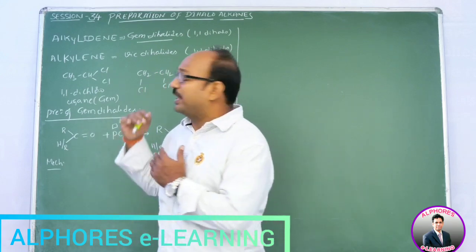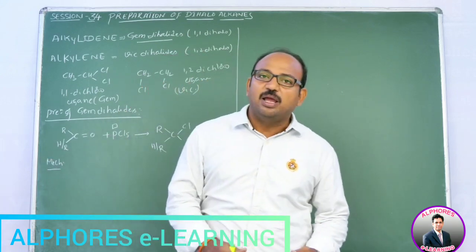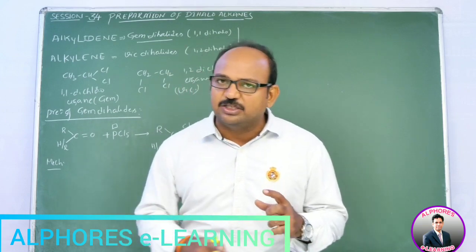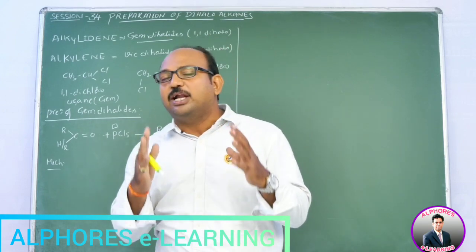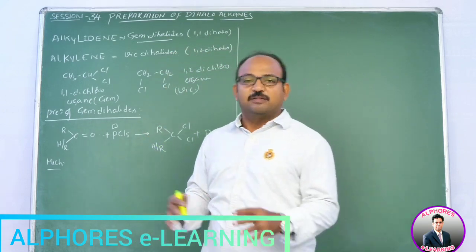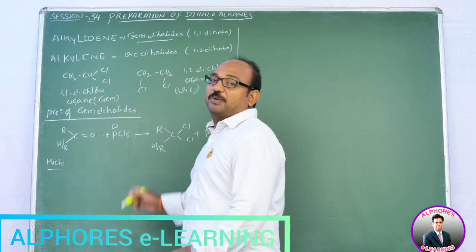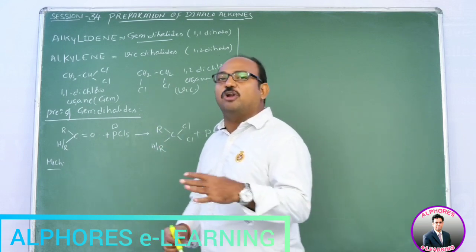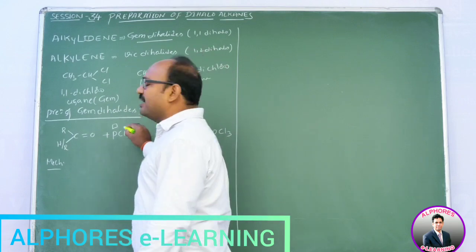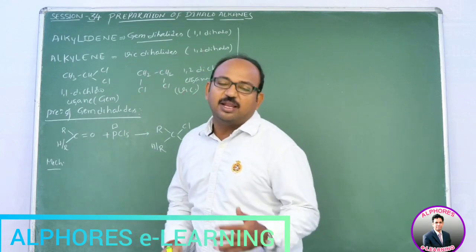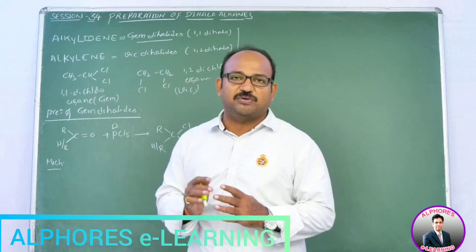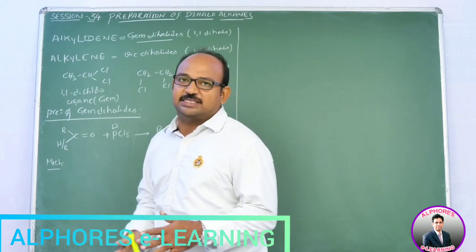Because of the vacant d orbitals, and because phosphorus is attached to 5 more electronegative chlorine atoms, it can accept a pair of electrons from donors. That means PCl5 can act as a Lewis acid.